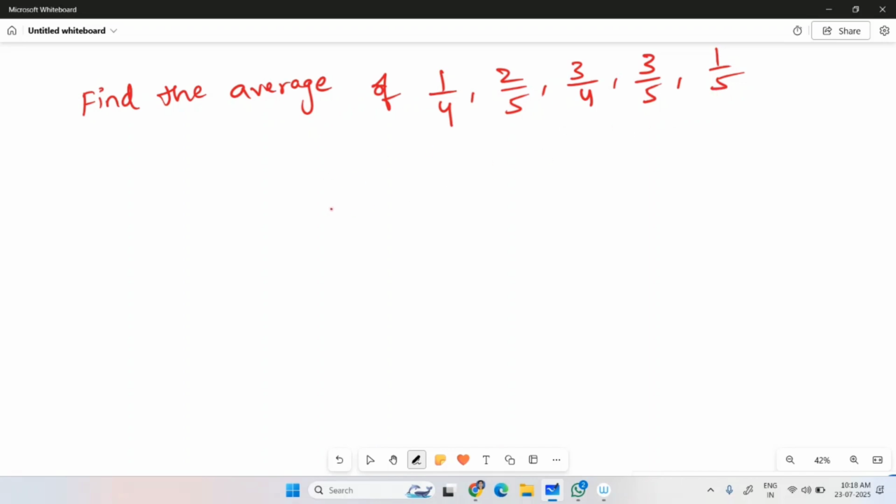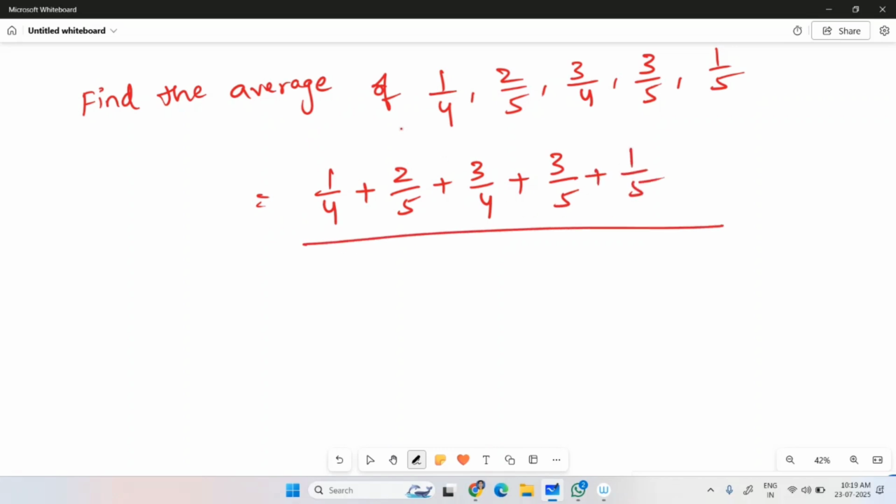First we have to add all the fractions and divide by the total number of fractions. So 1 by 4 plus 2 by 5 plus 3 by 4 plus 3 by 5 plus 1 by 5, divided by the number of quantities, 1, 2, 3, 4, 5.